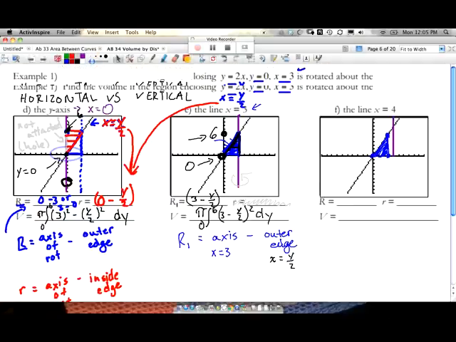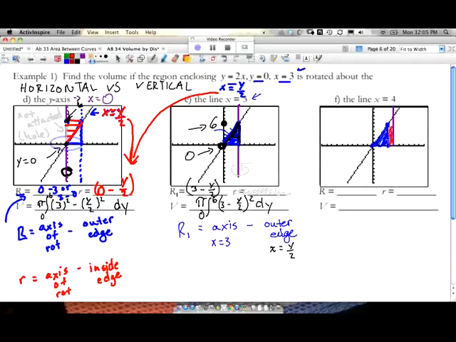So notice this empty space. We have to do the big R, which goes from the axis of rotation all the way to the outside, minus the little r, which is just the inside edge. So my big R is going to be 4 minus, now again we're spinning around horizontally, traveling in the y direction, so this is 4 minus y over 2.